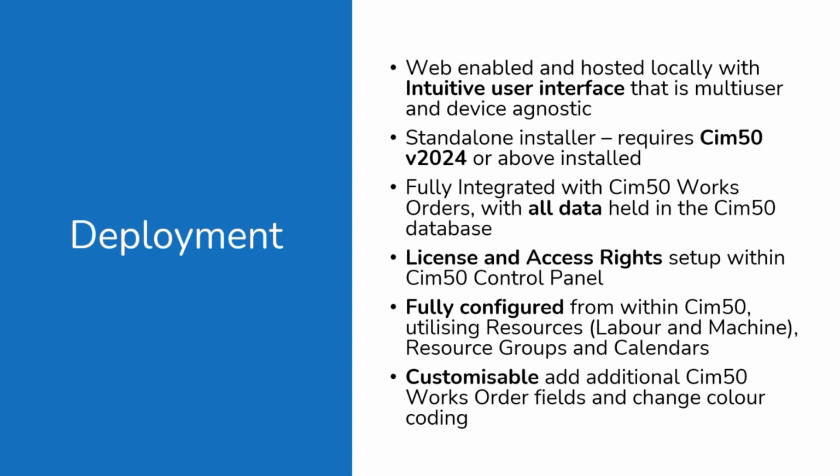So if there's an analysis code that you've got set up, and you want to group works orders by that analysis code, then that is possible. You can also change the color coding. We've come up with some color coding for overdue works orders, conflicts, subcontract operations, those sorts of things. So you can change that color coding to meet your needs. That is possible.